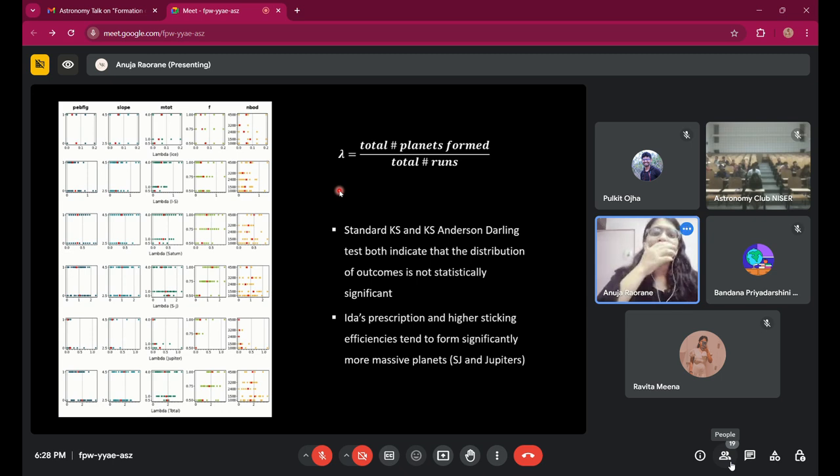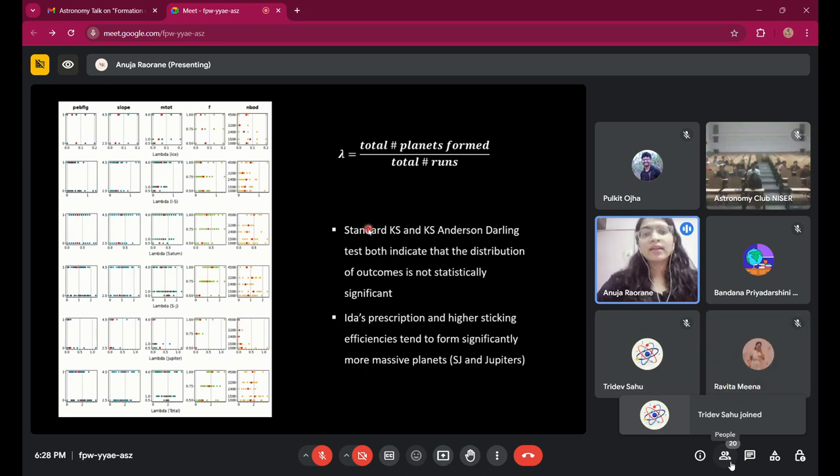So basically, what I'm trying to convey here is that our gas parameters gave us whatever gas giants we wanted, and they were statistically significant. But these parameters are only for the planetesimal disk. So when we move ahead to the planetesimal disk, we see that they do not really matter in the bigger picture.